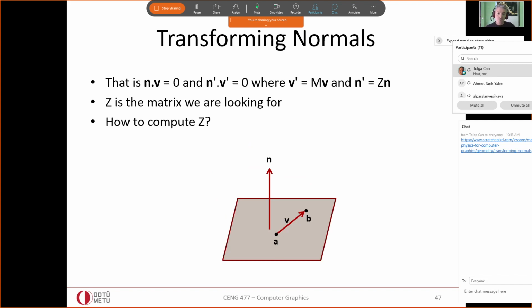Now, if I transform my points, whatever this v prime is, the correct normal vector should still give 0. So this v prime is the vector in which the modeling transformation is applied on it.